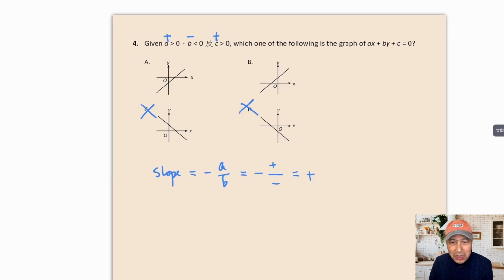Why? Because for line C and line D, the direction of the line is this way. The lines have negative slope, so that's why we can cross out C and D. Now we try to find the y-intercept.